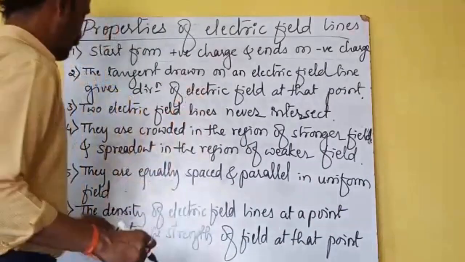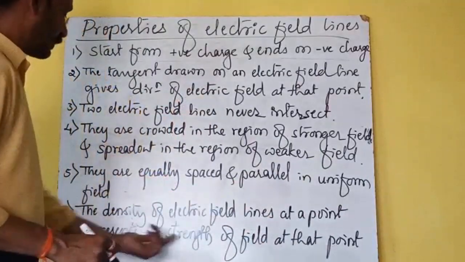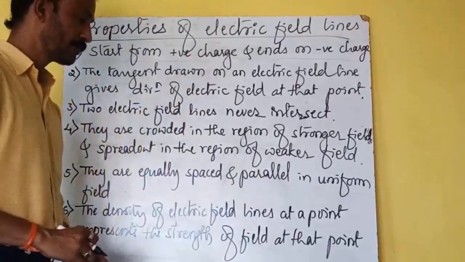Therefore, the density of electric field lines at a point in the field represents the strength of electric field at that point.